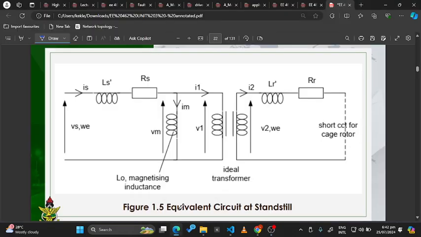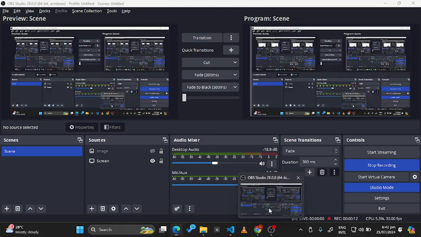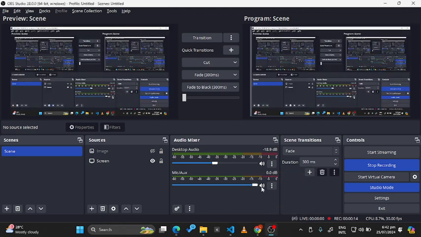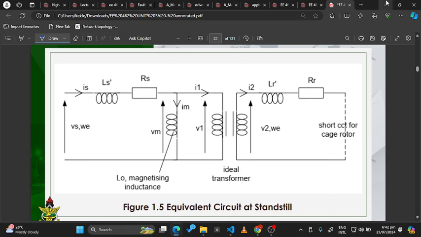Okay, so let's look at the equivalent circuit.